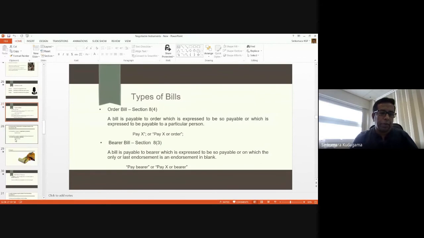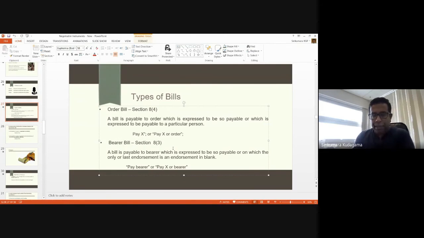Now here, types of bills. We recognize in the law relating to negotiable instruments that there are two types of bills of exchange, called order bills and bearer bills.